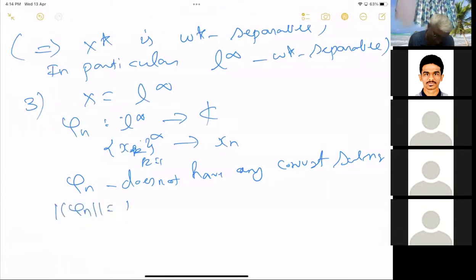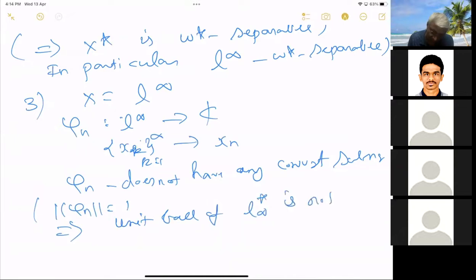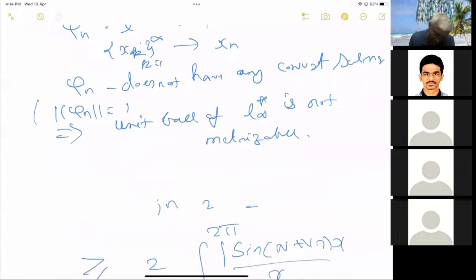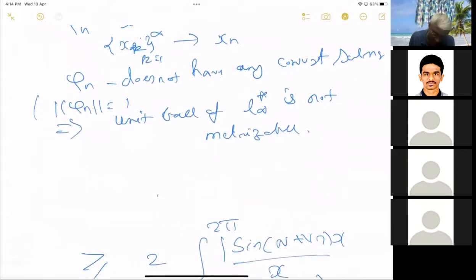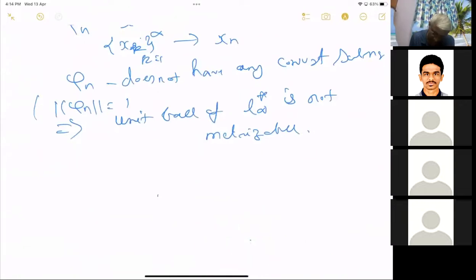So this implies that the unit ball of L infinity star is not metrizable, which indeed implies that L infinity star is not separable.